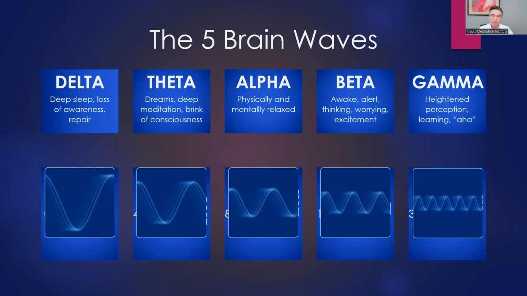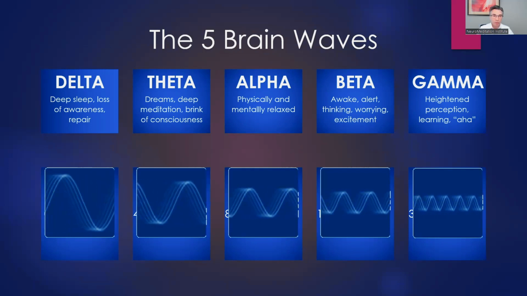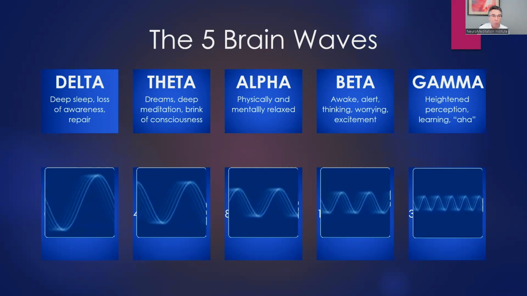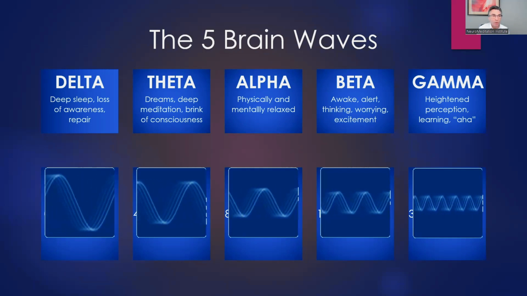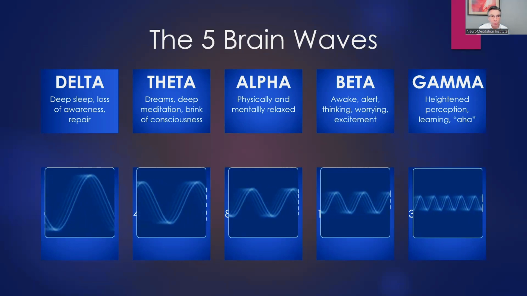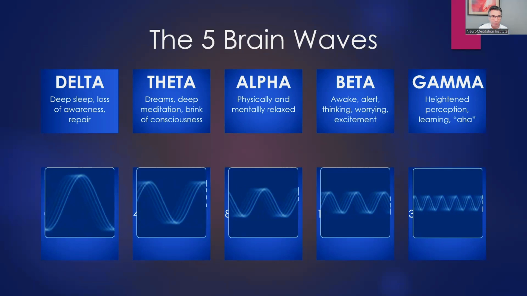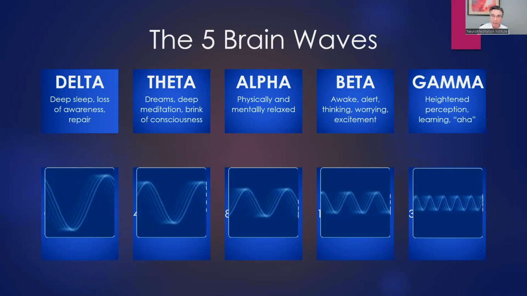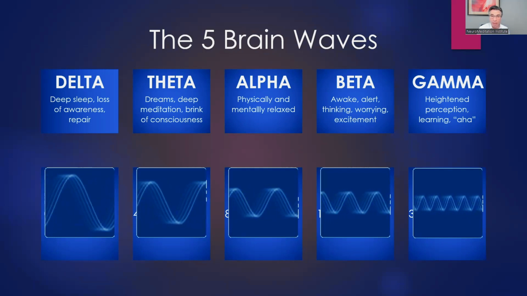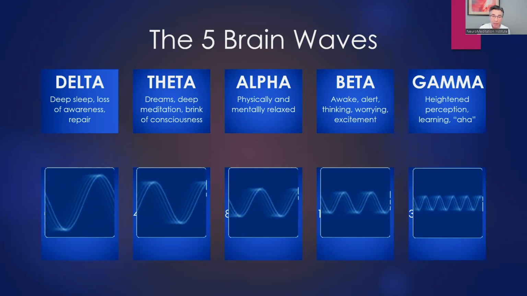Even though this is just a demonstration, with these little moving waves on the screen, you can see that for delta there are only one or two cycles within the window at any point. But if you look up at gamma, there are maybe 5 or 6 cycles in the window.